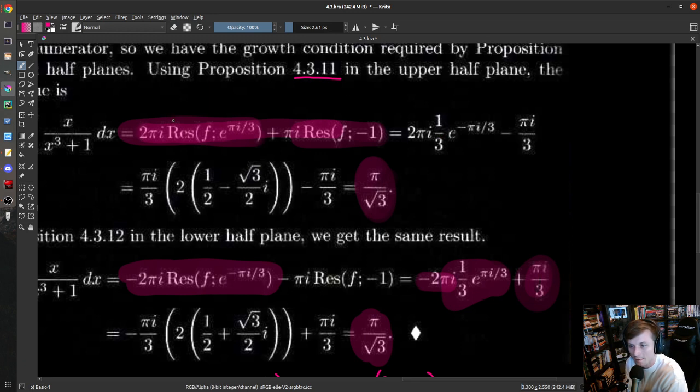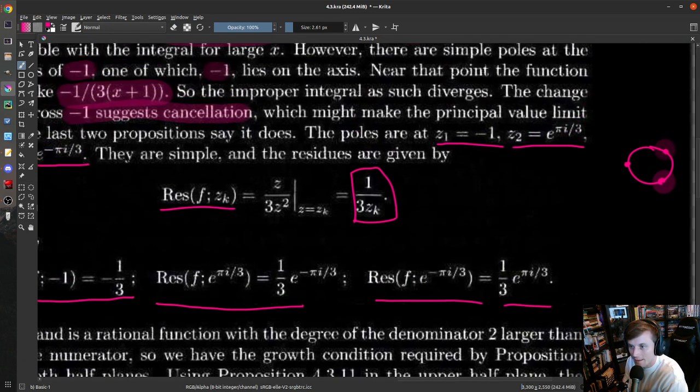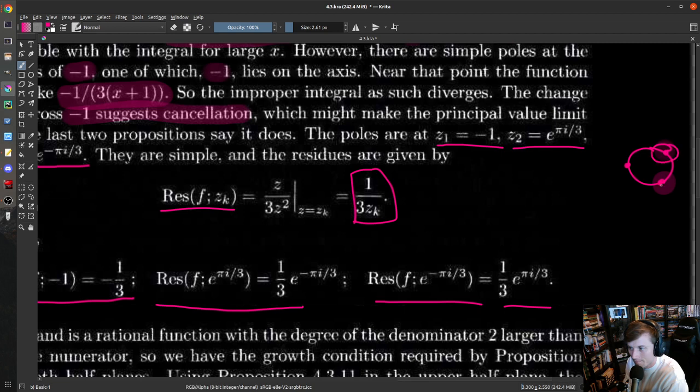What I'm trying to say is that the fact that these guys are nice, any time you can do it on the upper or the lower half plane, what I'm trying to highlight is that the pieces on the middle and the pieces above and below have to balance out. Since the residues of those guys on the real axis get used in both of them, the pieces above and below have to be symmetric in a certain sense, right?